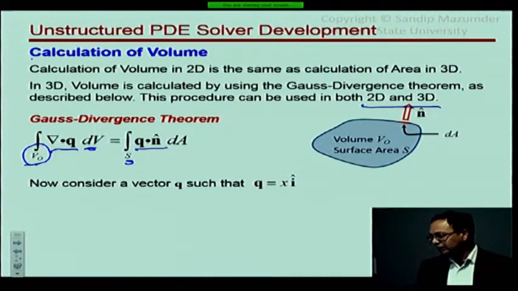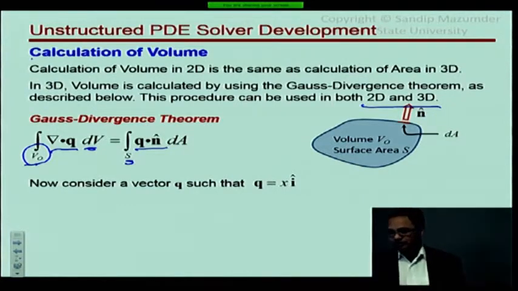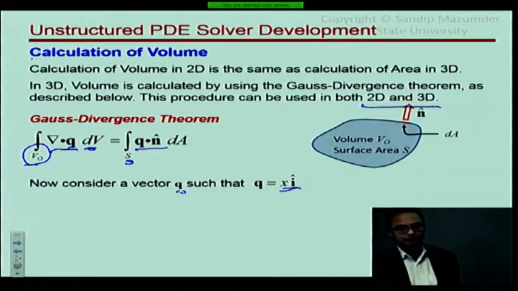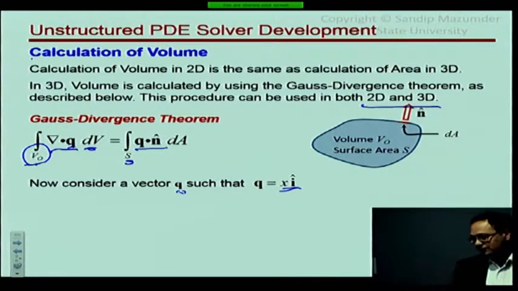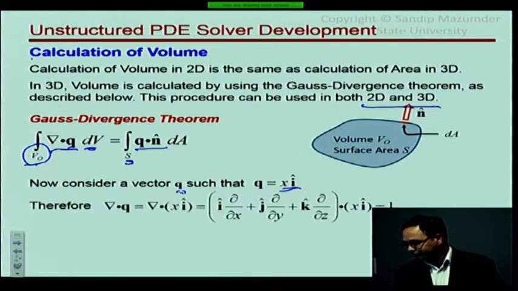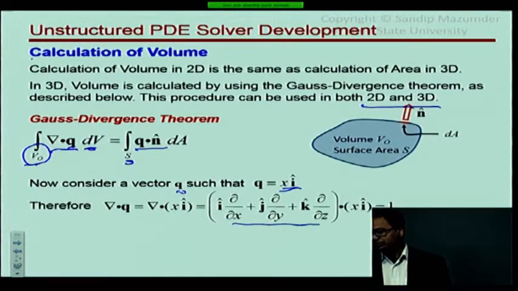Let's say we assume a vector, so this q vector, let's say we call that x times i. i is my unit vector in the x direction, and x is just a scalar quantity. So if I do divergence of q, then that's divergence of x times i. Divergence means i d/dx plus j d/dy plus k d/dz.